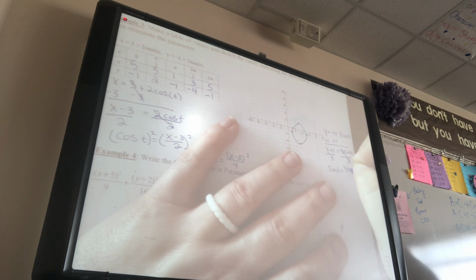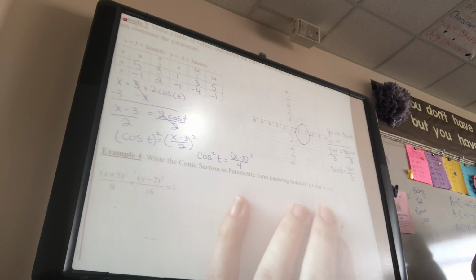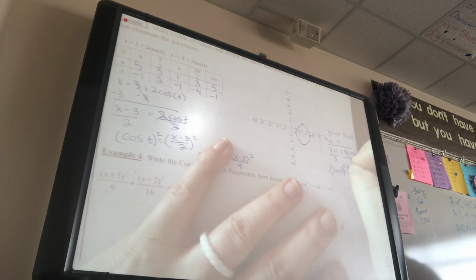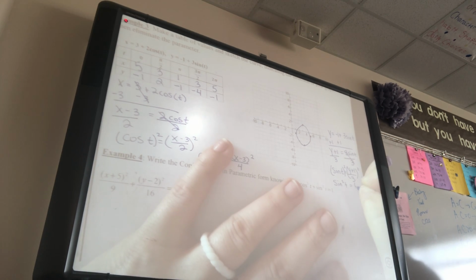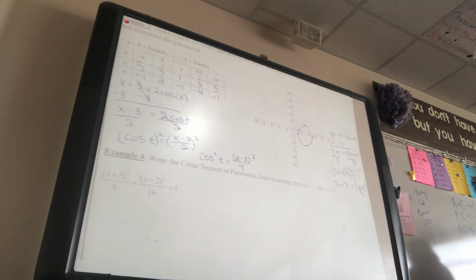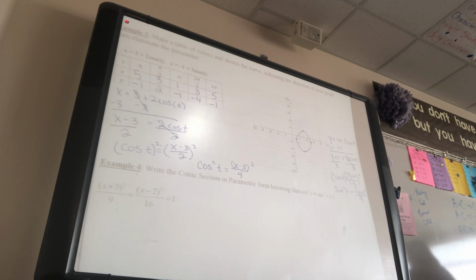Except, man, it's not quite there. What's it missing? Let's just square both sides. So sine squared t is equal to y plus 1 quantity squared over 9. Oh my goodness. There's so much stuff that looks like it could happen here.